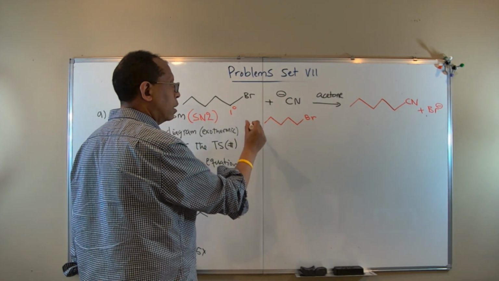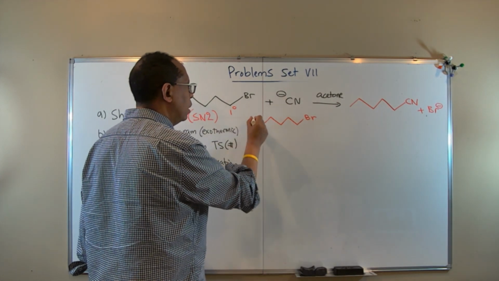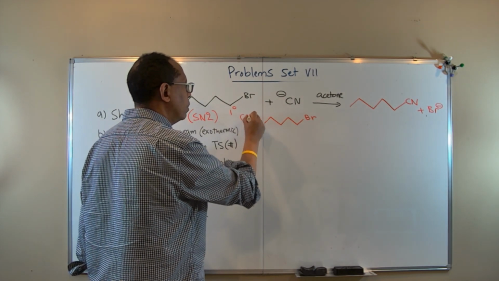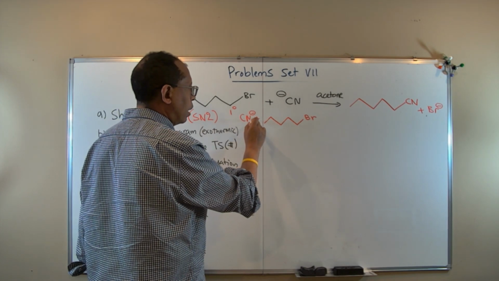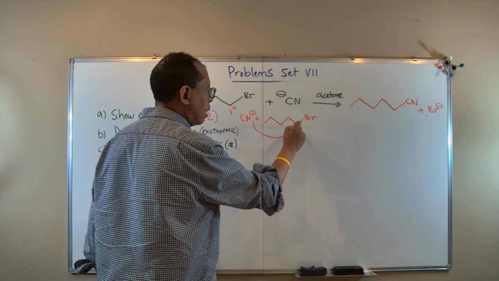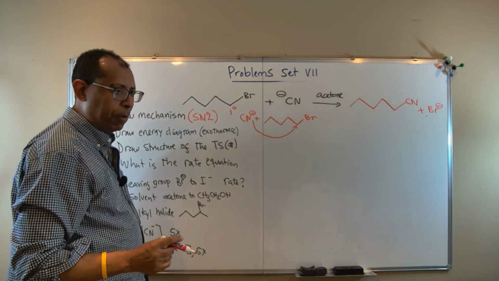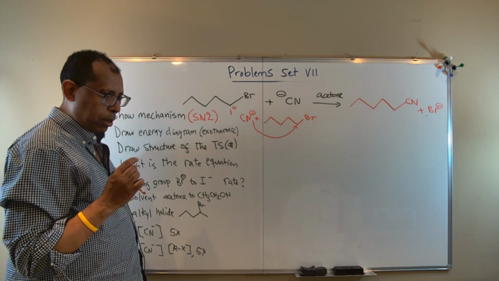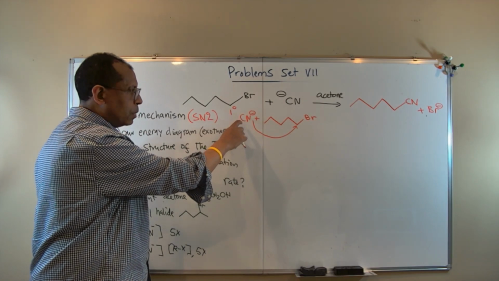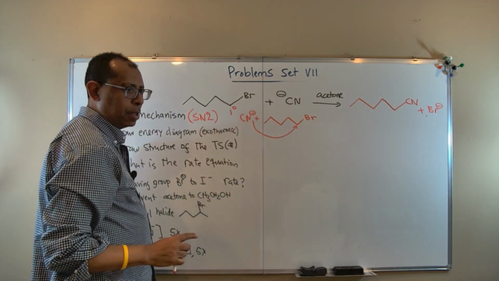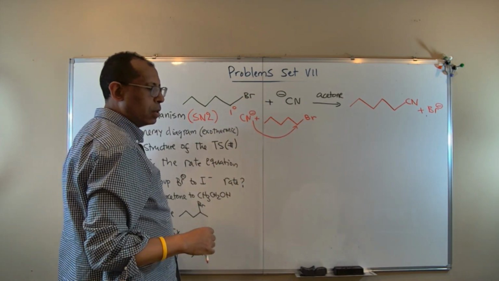Always we have said that it's a backside attack. You have a cyanide with a pair of electrons. It comes and attacks that carbon. That's the electrophilic carbon. We call that electrophilic. This is nucleophilic. That is electrophilic, that means the positive center.